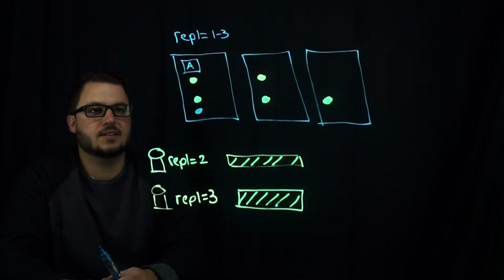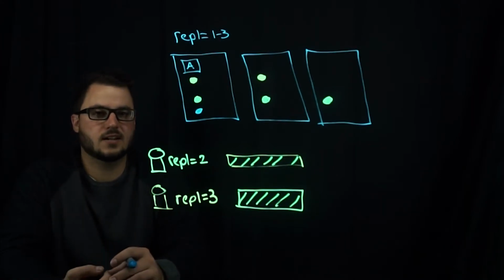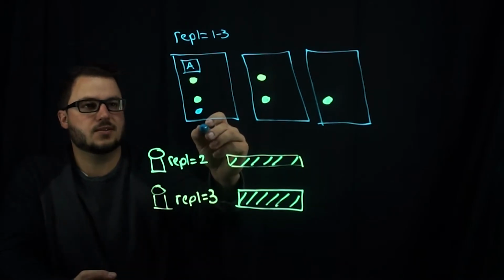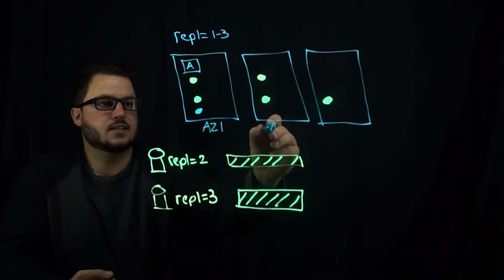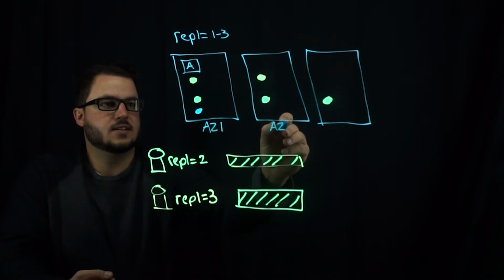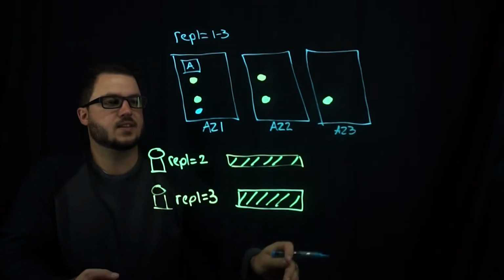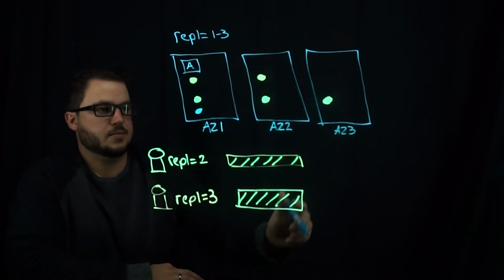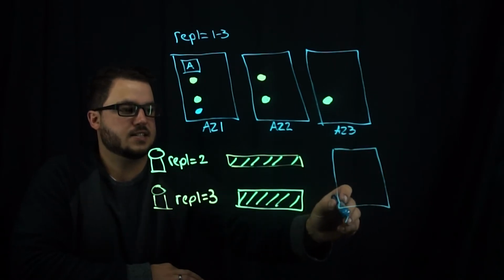Now, replicas get placed on availability zones, and Portworx understands topology. So if this is AZ1, AZ2, and AZ3, and we have another node, say, in AZ1.